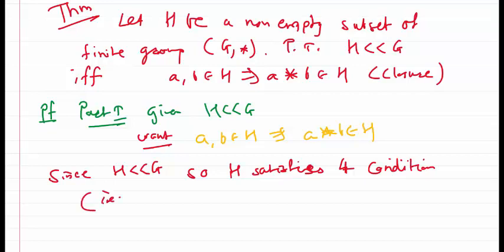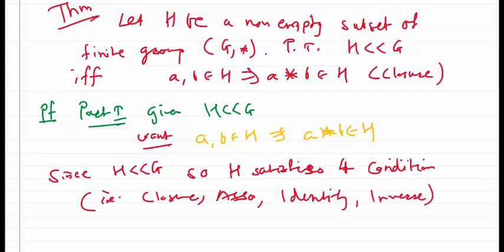Which are closure, associativity, identity, and inverse. So if H is a subgroup, then it must satisfy four properties. Then the first property will be satisfied by H, so H satisfies the closure property.